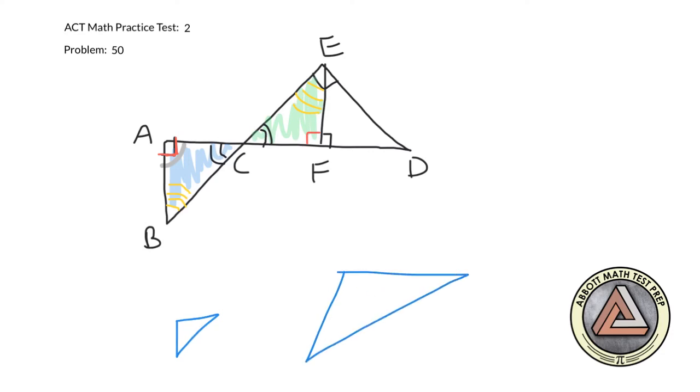So these might be similar so long as one angle is equal to the other, this angle is equal to that one, and this angle is equal to that one. So that's one of the properties that lets you know two triangles are similar. So that leaves answer choice K, due to process of elimination, as the answer to this problem.